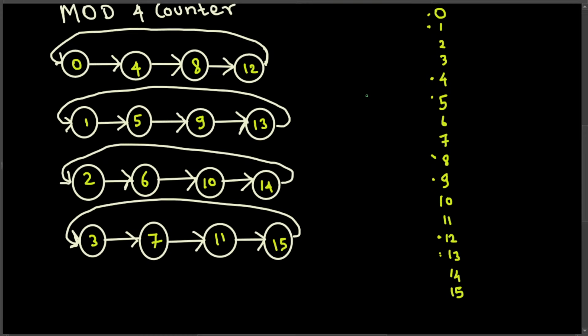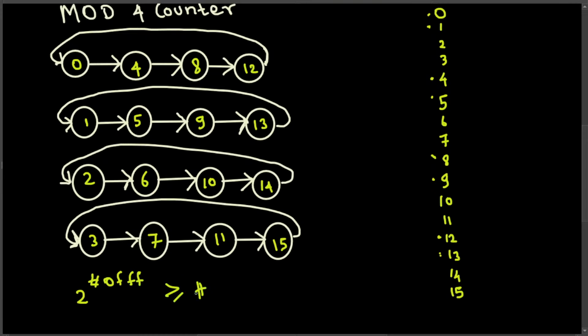Now, to decide how many flip-flops we are going to use for this design, you have to look at the number of states. If I put 2 to the power of what number, that's going to give me 16? That power is the number of flip-flops we are going to use.